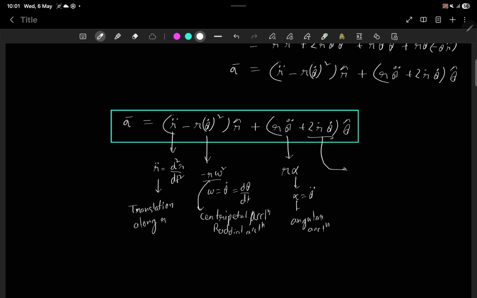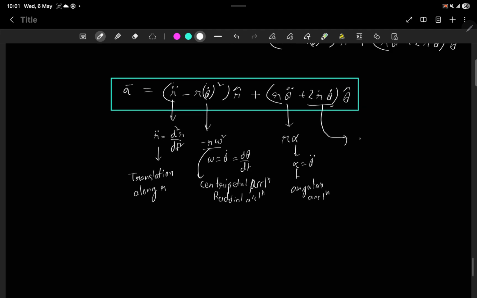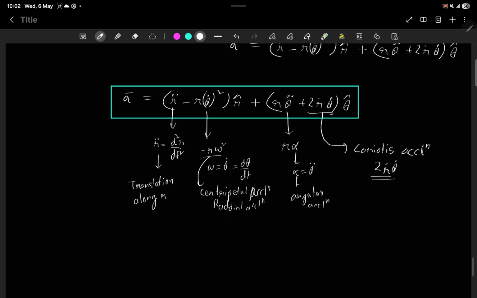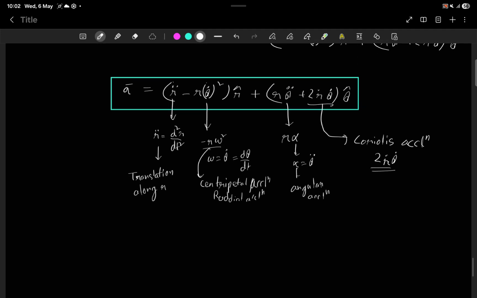And this term is a very new term to you, I think. If you have read it earlier, it is okay. For those who don't know, this is the Coriolis acceleration, 2 r dot theta dot. What physical significance it has, we'll learn later when we study rotational and circular motion. For now we can remember that this is the acceleration in polar coordinates.